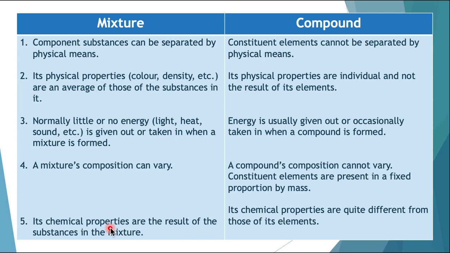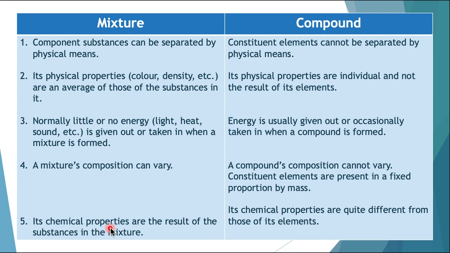But the chemical properties of this mixture of iron and sulfur are the result of iron and sulfur, okay? But in a compound, when they are heated, iron and sulfur, the chemical properties are quite different from the properties iron and sulfur have. So a mixture's chemical properties and physical properties are inherited from their constituent elements, iron and sulfur in this case. Sulfur may have a different sort of color and iron may have a different sort of color.